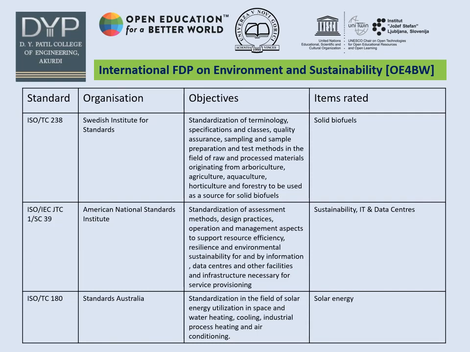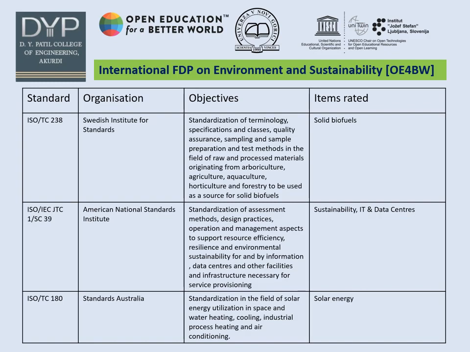That standard covers standardization of terminology, specifications and classes, quality assurance, sampling, and test methods in the field of raw and processed material originating from agriculture, aquaculture, horticulture, and forestry to be used as a source for solid biofuels.